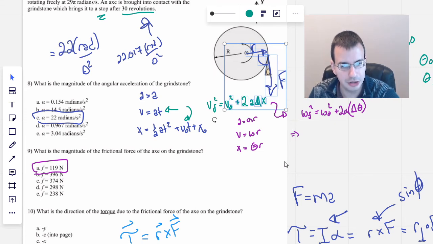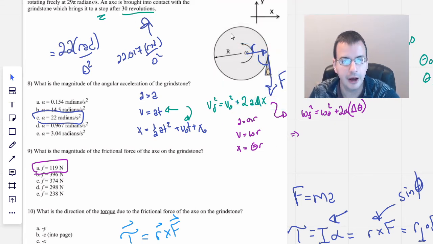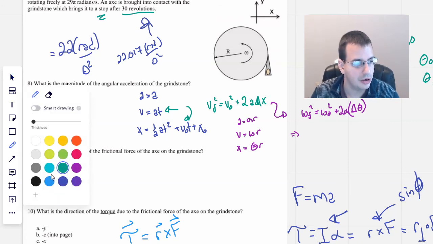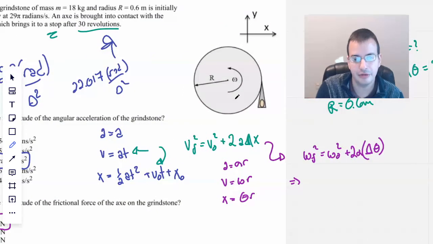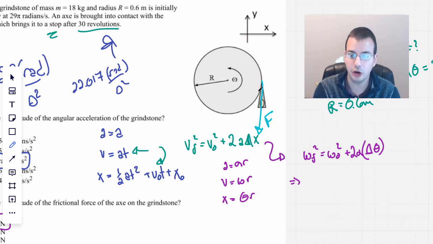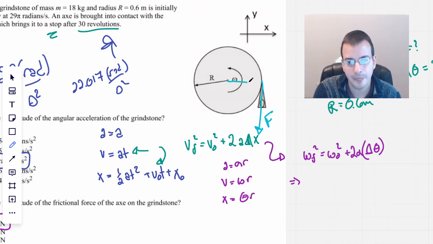You should know how to do cross products. So drawing this out, the force is going to be in this direction because it's slowing down. Putting the axe on there is slowing down the rotation.